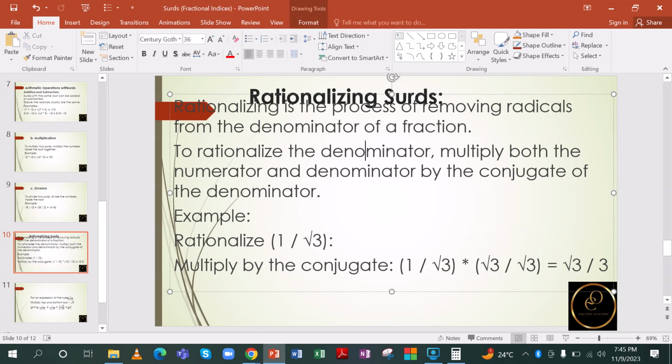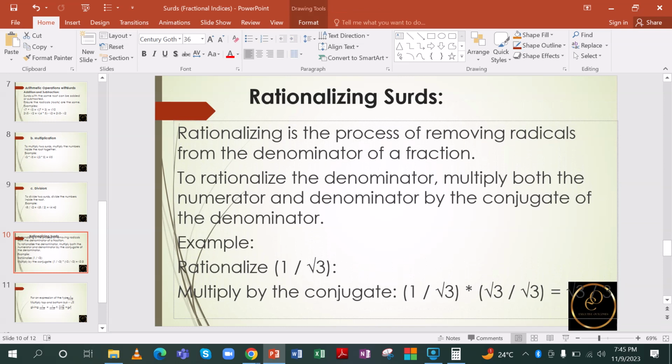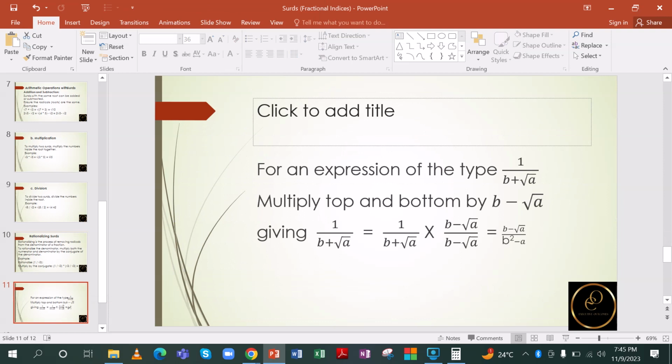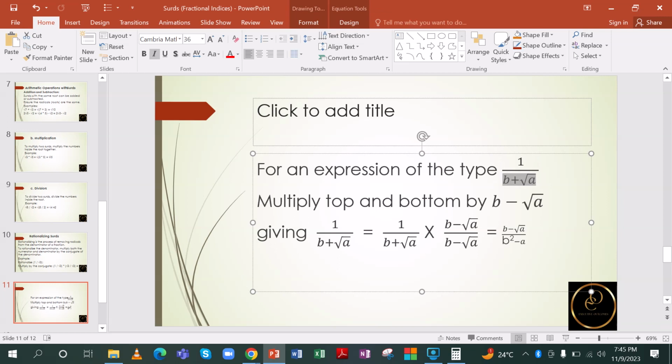We also look at the next one, where you have an expression of this type: 1 over b plus square root of a. What you do again is rationalize this by multiplying by the conjugate of this denominator.